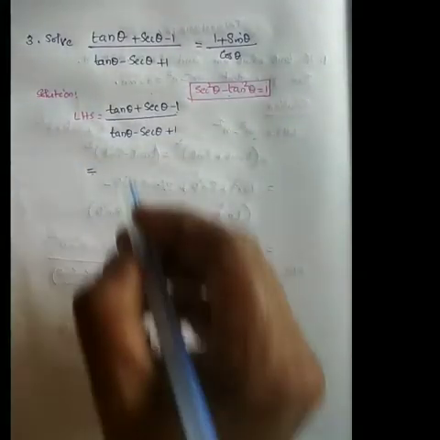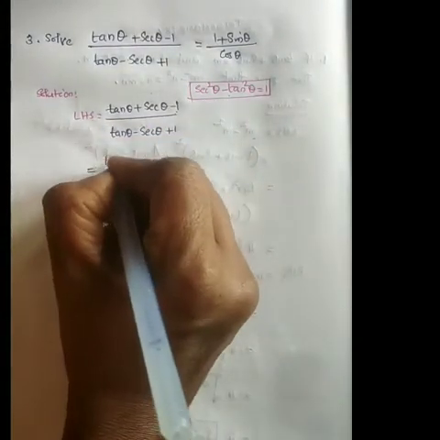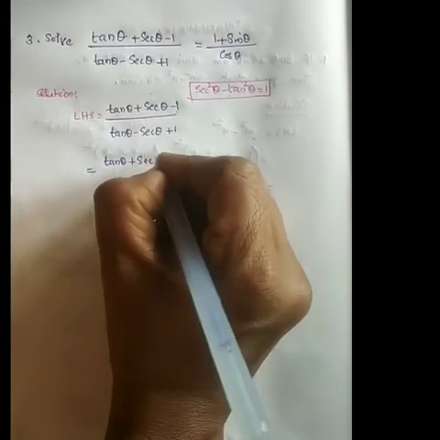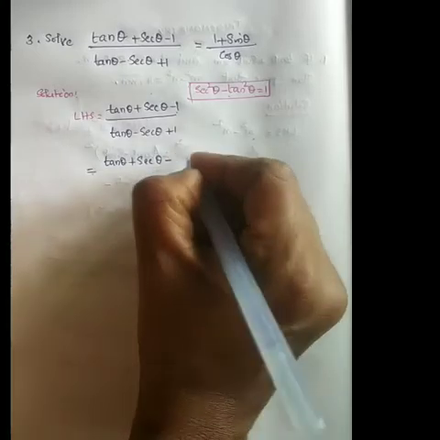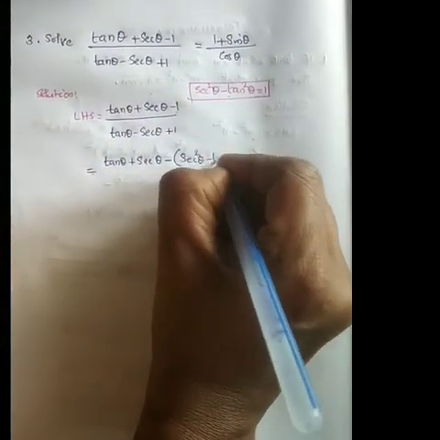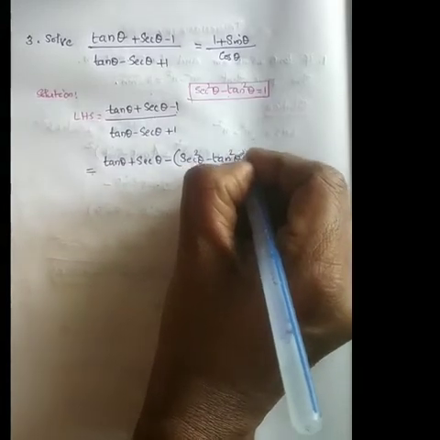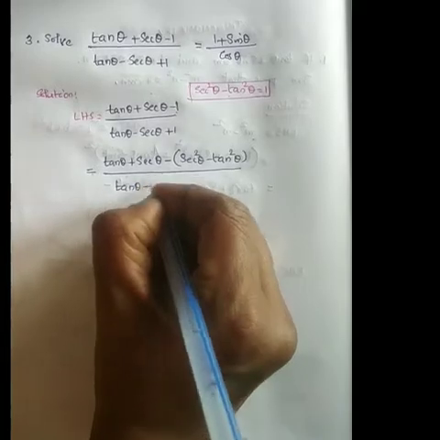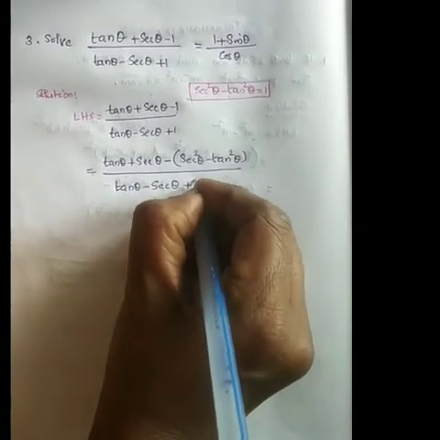That is tan theta plus sec theta minus sec square theta minus tan square theta divided by tan theta minus sec theta plus 1.